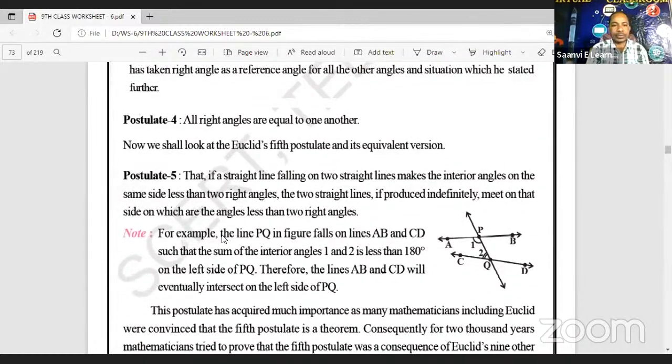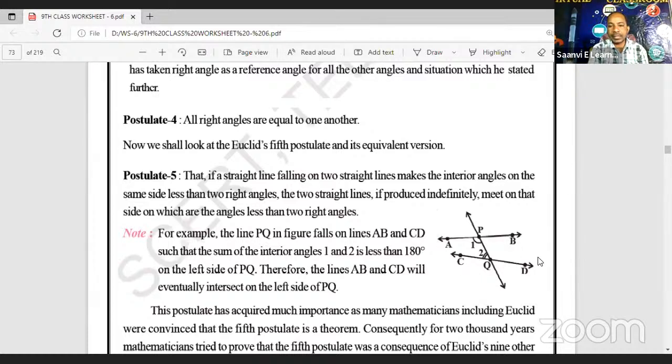And coming to the last, postulate 5. If a straight line falling on two straight lines makes the interior angles on the same side less than two right angles, the two straight lines, if produced indefinitely, meet on that side on which the angles are less than two right angles.